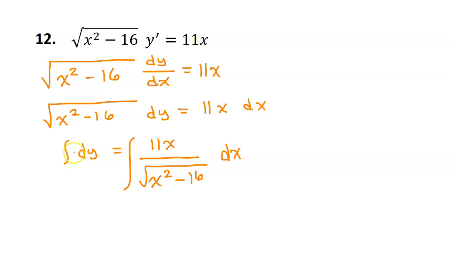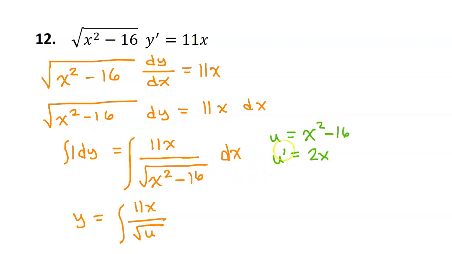On the left-hand side, the antiderivative of 1 is just y. On this side, let's do some u substitution. So let's let u equal everything under the radical, which is x squared minus 16. U prime equals 2x.